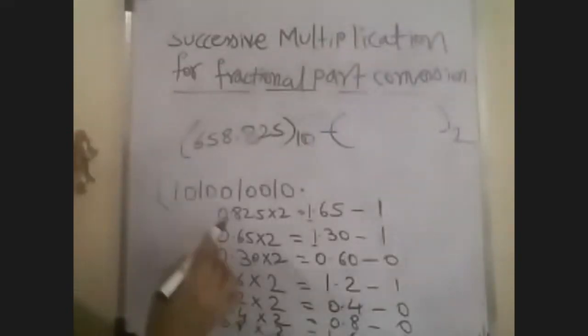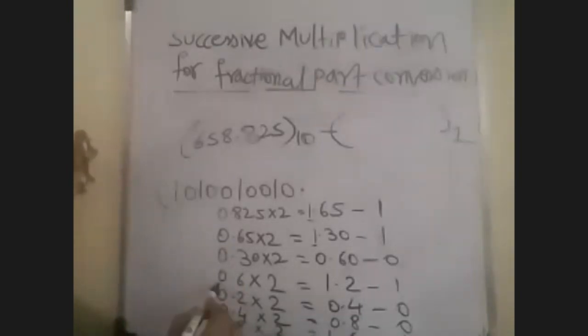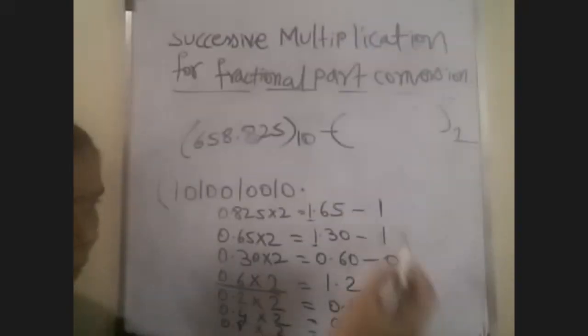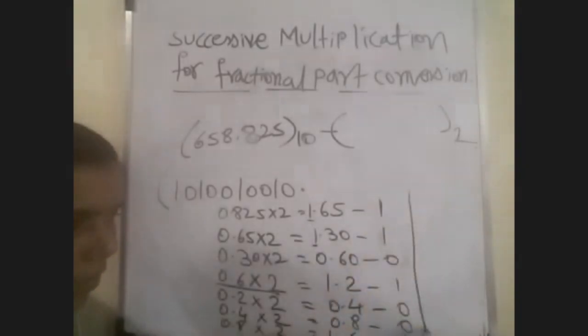Here these values are repeated in the next process. Here we are repeating 0.6 into 2, and the next step is also 0.6 into 2, right? So we are going to stop here and write the result from top to bottom.